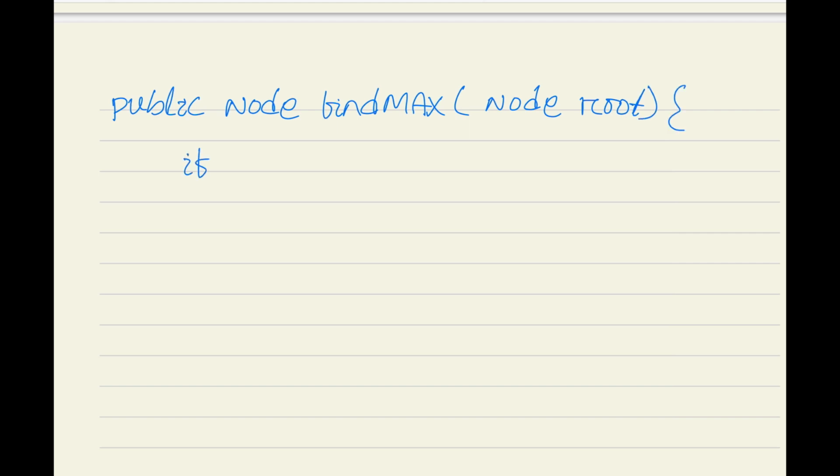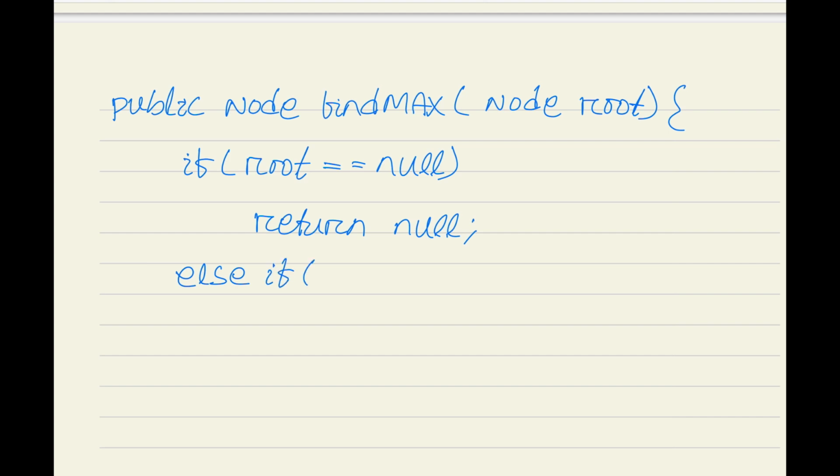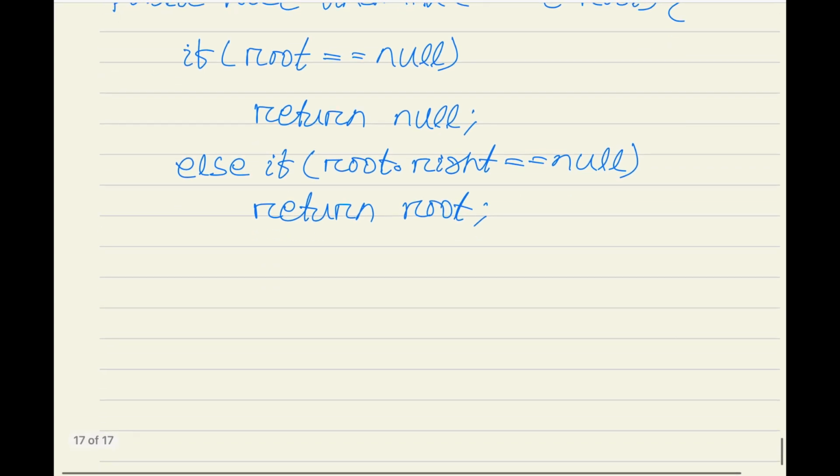Then the same thing we are going to write: if root equal to null, then return null. Else if root dot right equal to null, return root.